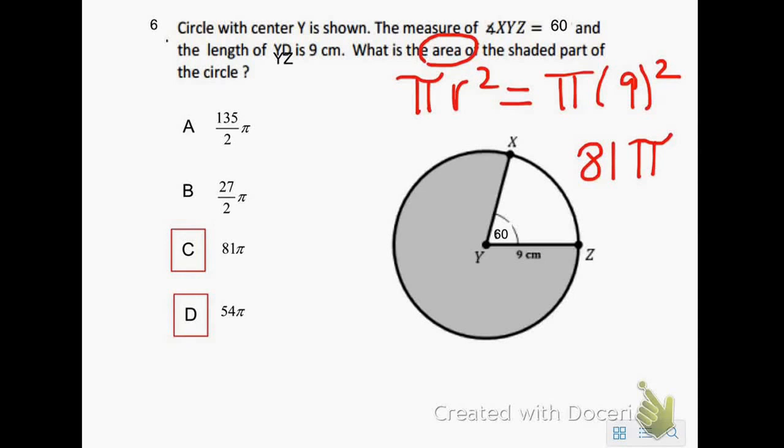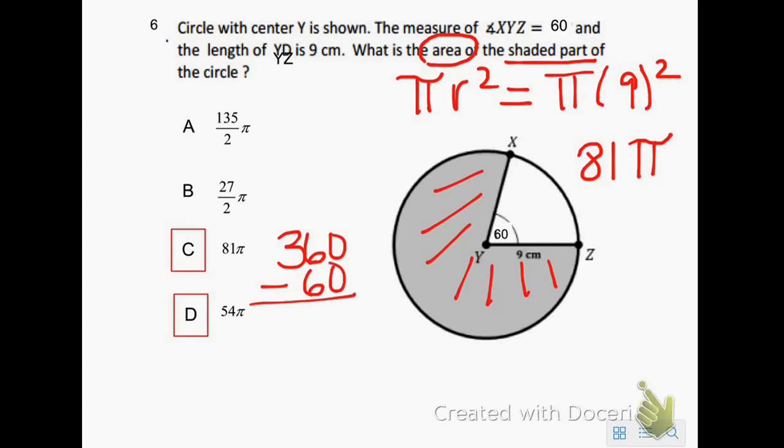But I'm not asked to find the area of the circle, I'm asked to find the area of the shaded part. So I look and see that this is the part that's shaded. Notice 60 degrees is not measuring that shaded part. So in order to find how much of the circle is shaded, I need to take away the 60 degrees of the circle that's not shaded. So to do that, I'm going to say 360, subtract 60, and that gives me 300 degrees. 300 degrees of my circle is shaded.